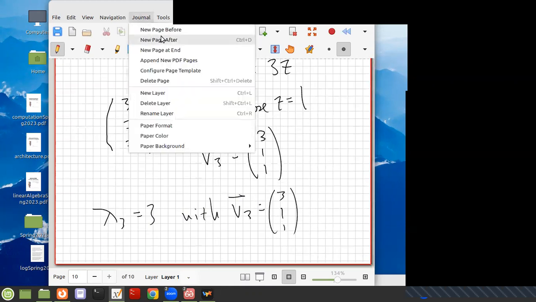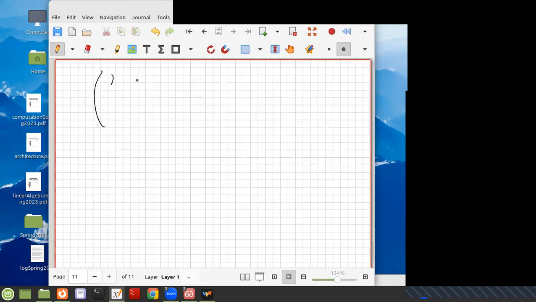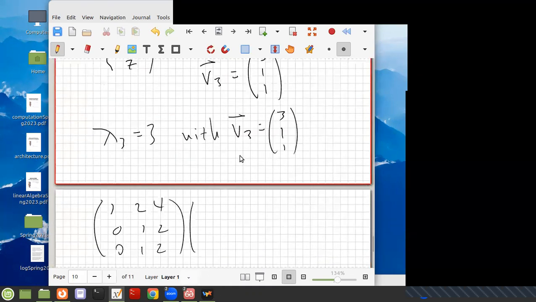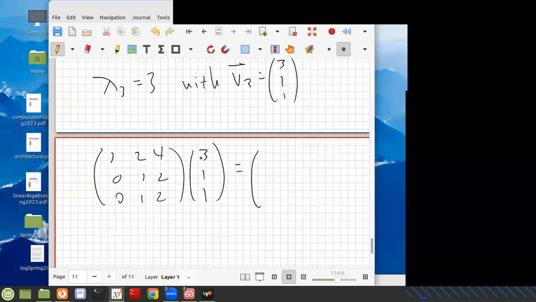And we can then check with 1, 2, 4, 0, 1, 2, 0, 1, 2 times 3, 1, 1 and see what happens. Well, this is going to be 1 times 3 plus 2 plus 4. 3 plus 2 plus 4 is 6, 7, 8, 9.